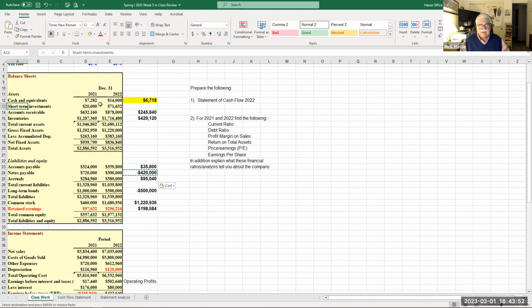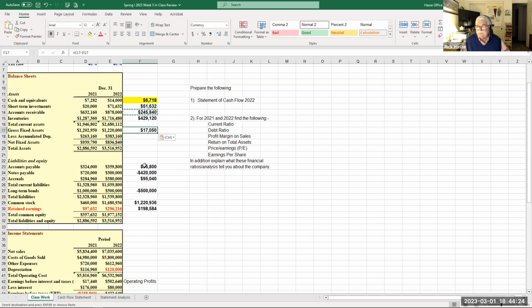If you notice in the delta of this business over the course of 2021 to 2022, they increased it by $51,632. At the same time, if you notice their gross fixed assets, the amount of investment in their purchase of new equipment, buildings, land, computers, had an increase of $17,050.